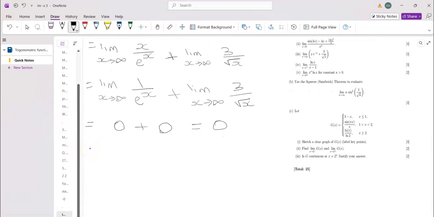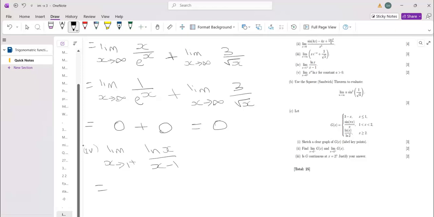So now we can go to the next limit: the limit as x approaches 1 from the positive side of ln x over x minus 1. If we do the substitution here, the ln of 1 is 0, right?